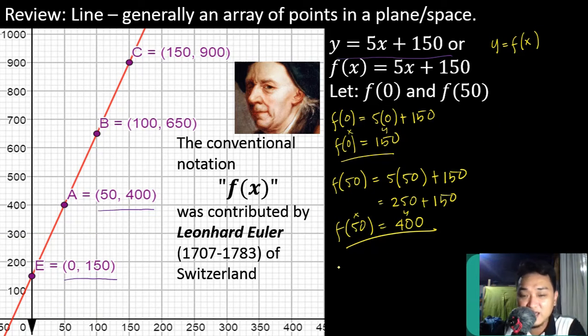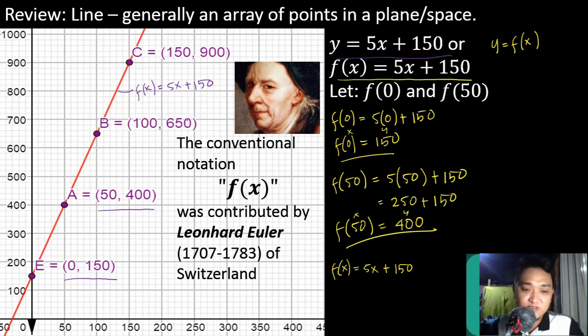We could also write it as the function of x is equivalent to 5x plus 150. Ito po yun. So therefore, this line here pertains to the f of x is equivalent to 5x plus 150. Okay, so ayan po yung graph natin. Let us try to have other examples.